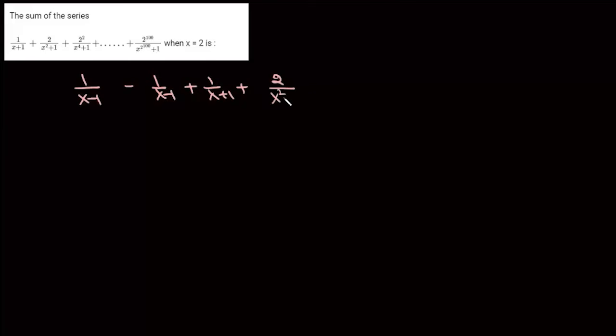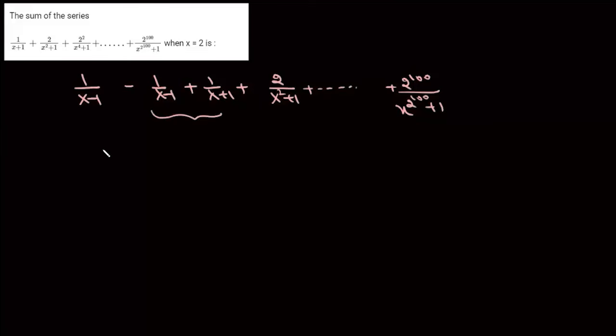So what we'll do is, we'll add x minus 1 and we'll subtract x minus 1. So we can write this as 1 upon x minus 1 minus 1 upon x minus 1 plus 1 upon x plus 1 plus 2 upon x square plus 1, up to 2 to the power 100 upon x to the power 2 to the power 100 plus 1.